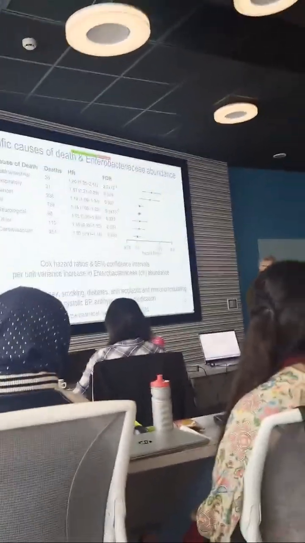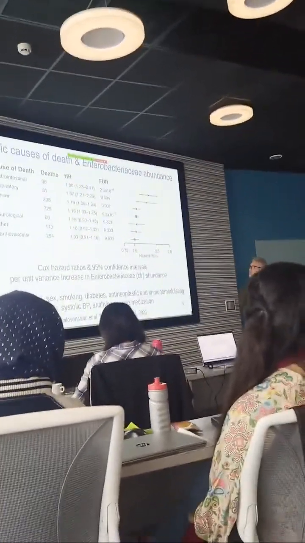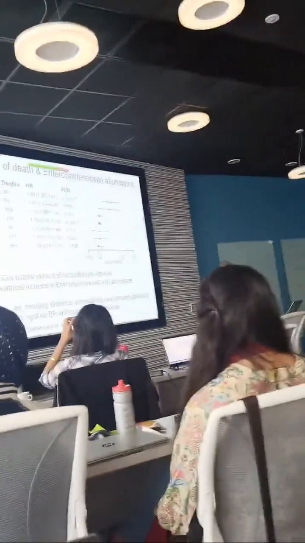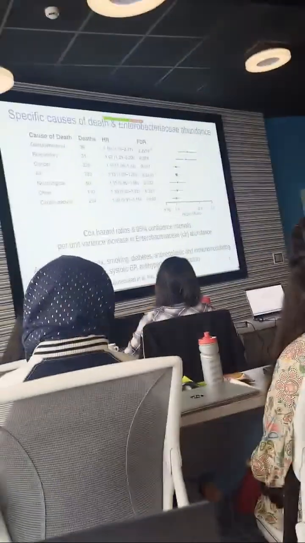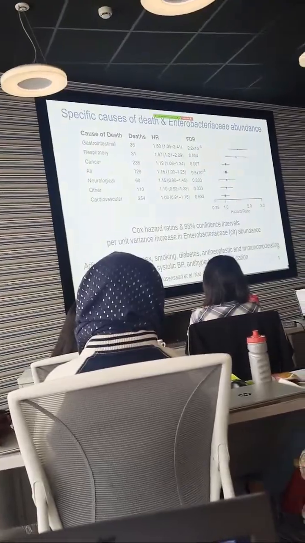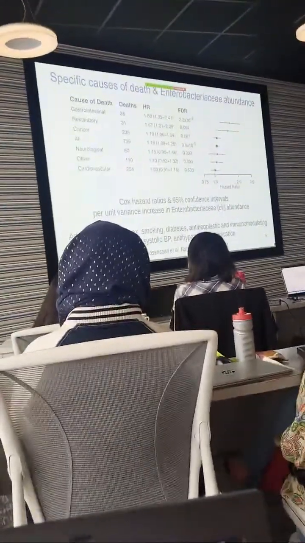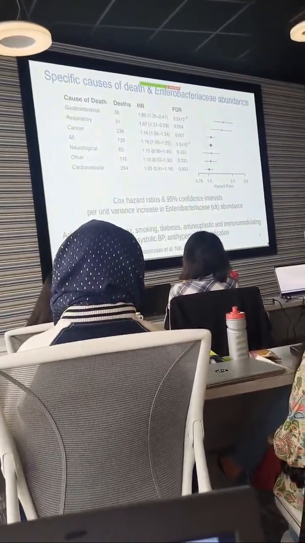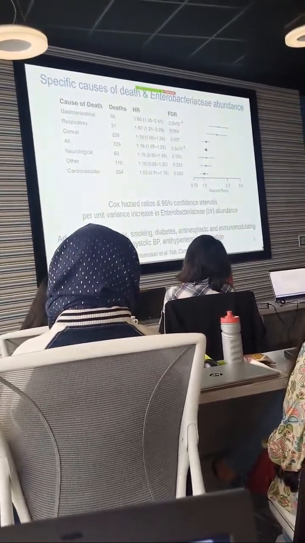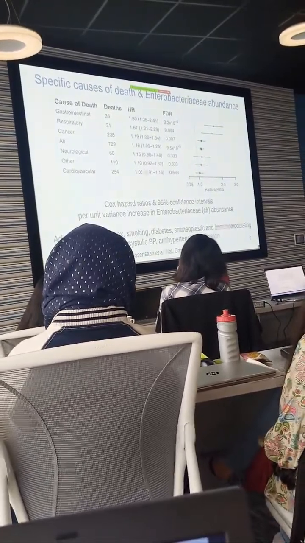Then we were also looking at specific causes of death, in addition to the total, overall mortality. When we look at the specific causes of death and enterobacterial abundance, which was the driver for this subnetwork, then basically the gastrointestinal deaths are quite significant.